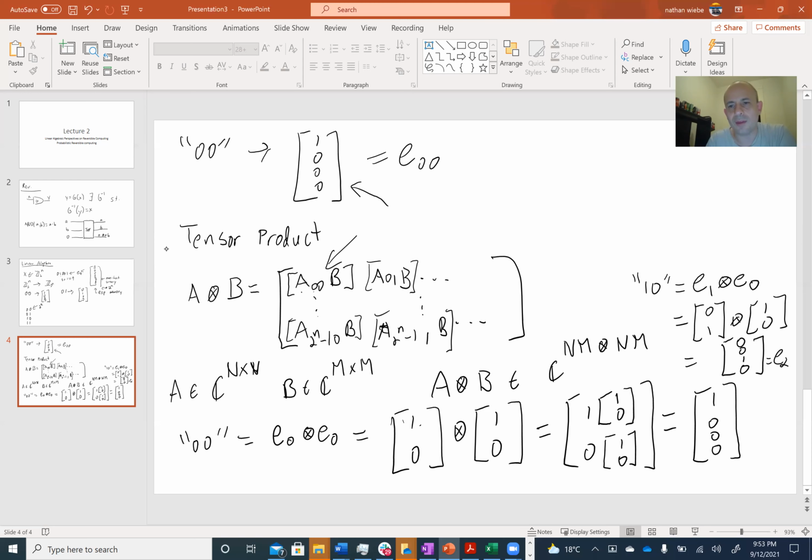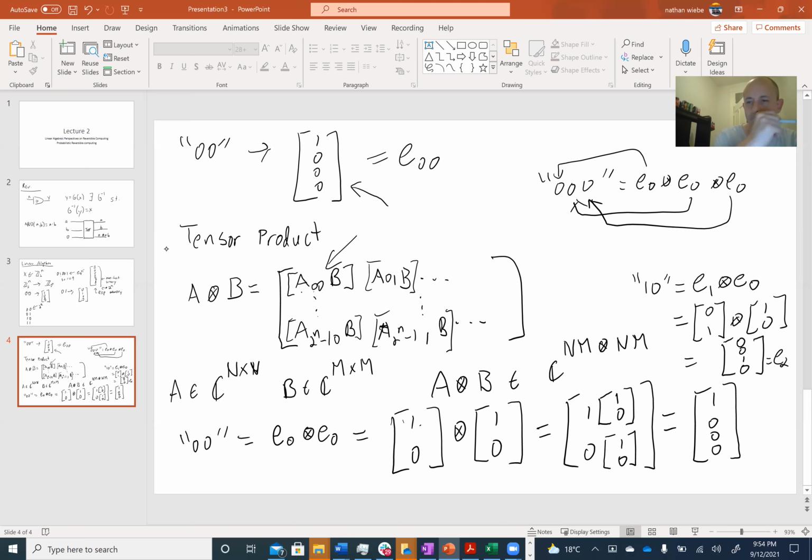So you can see that this is a really elegant way of combining basic vectors together in order to build a larger one. Similarly, if we had, say, a 3-dimensional space, or sorry, a 3-bit space, we could construct a vector corresponding to the bit string 0, 0, 0 as just the tensor product between the unit vector E0 corresponding to that guy, E0 corresponding to that guy, and E0 corresponding to this over here.